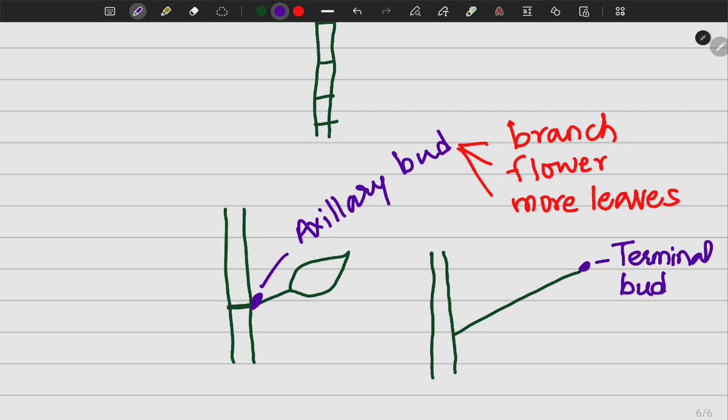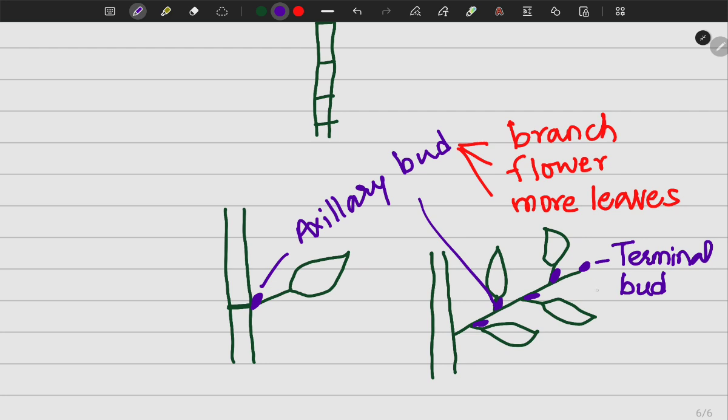Now this terminal bud is responsible for the vertical growth of the stem. Okay, so these will be the leaves. And close to the leaves at each axil, there will be an axillary bud. So these two types of buds will be found on the stem, axillary bud and terminal bud.